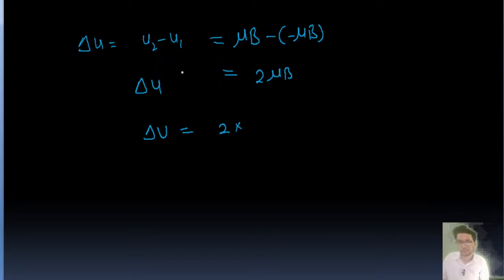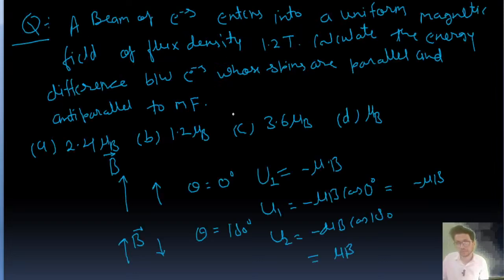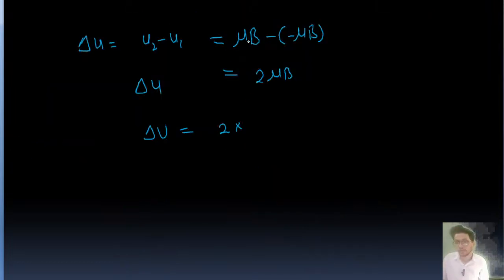So this is mu b, guys. Mu b minus minus mu b, so this value is going to be 2 mu b b.